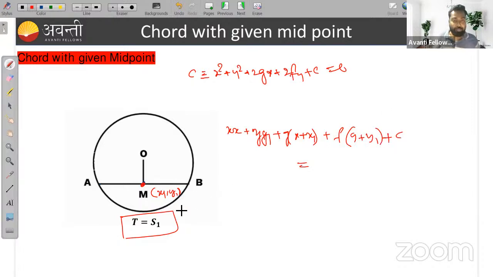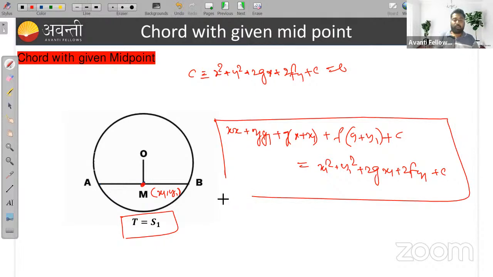What is S1? Just put the point in the left hand side of the given equation of the circle, that is x1 square plus y1 square plus 2gx1 plus 2fy1 plus c. So this is my equation of the chord when the midpoint is given. Is that clear to everyone, guys?